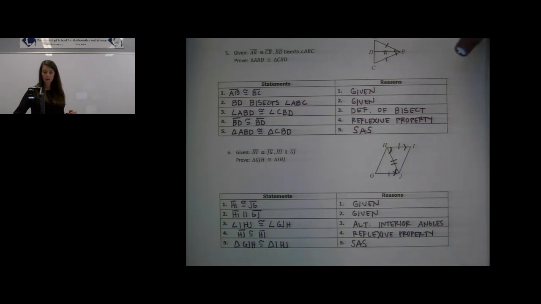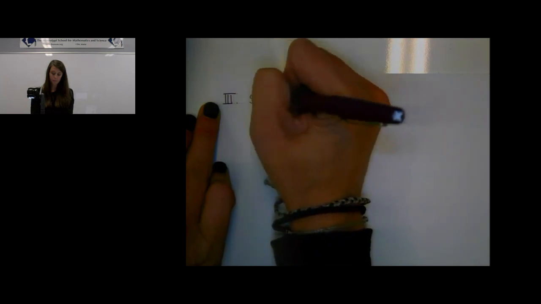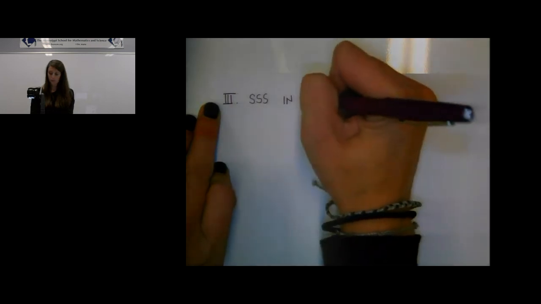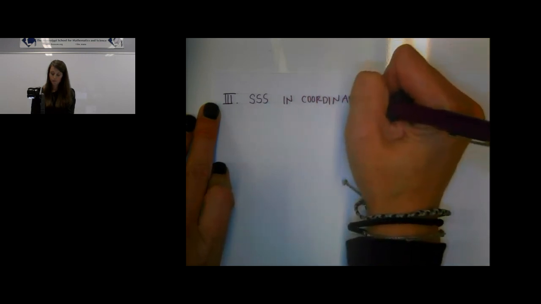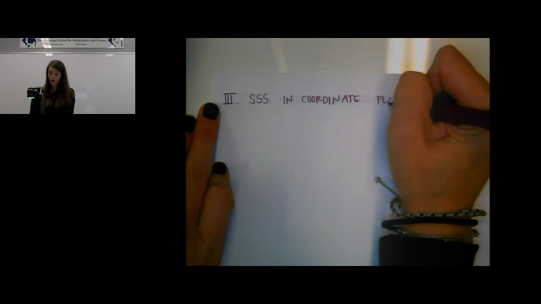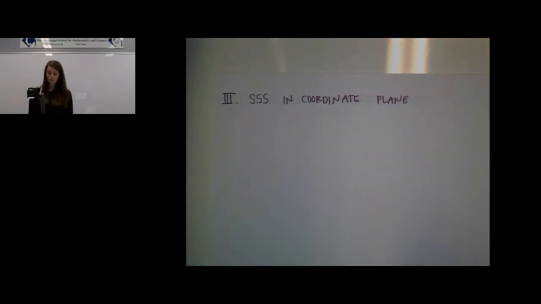Okay? So let's talk about using side-side-side in the coordinate plane. If I was going to use the side-side-side property, I would find the distance between each given point.